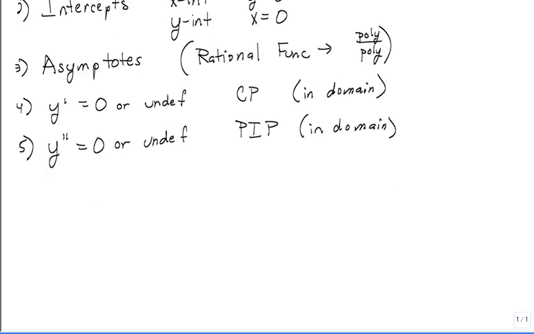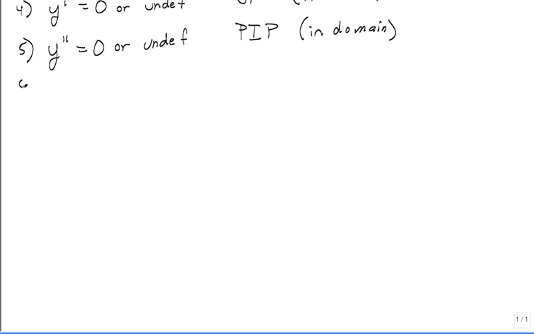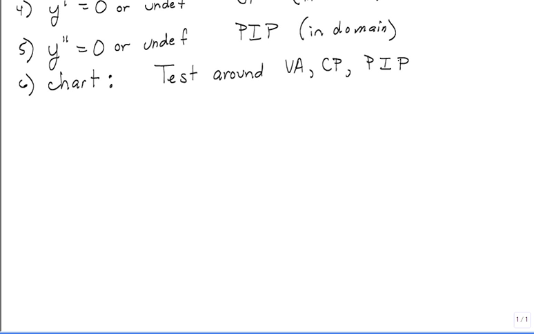And then we make a chart. Now, my chart is different than the chart in the book, but I like it because it gives us all the information in one chart. And to get the chart, you test around any vertical asymptotes, critical points, or possible inflection points. So when you put those points on your chart, that's what you need to look around.